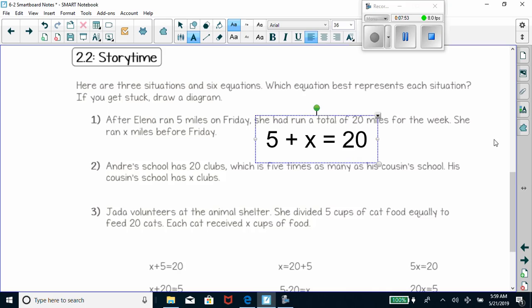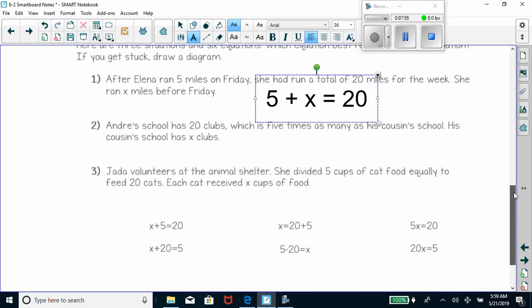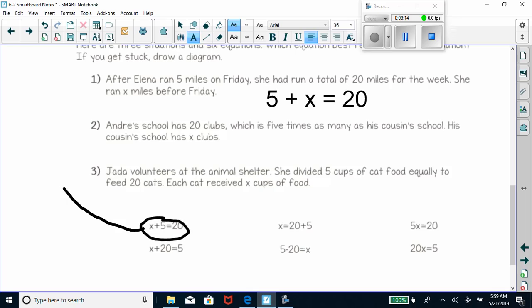So which equation best represents each situation? I can see it's almost exactly as I've written it. Down here, x plus 5 equals 20 is the same as 5 plus x equals 20. So that's the one that's going to match that.